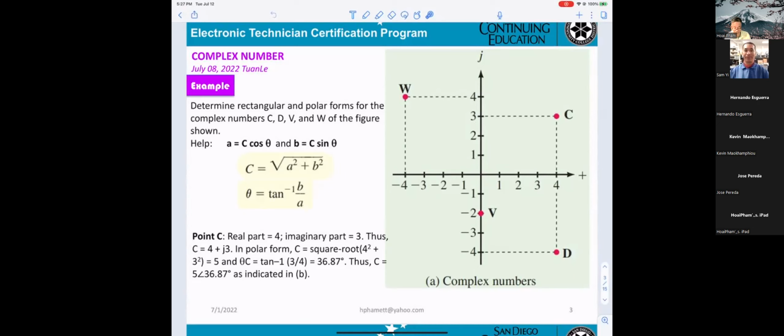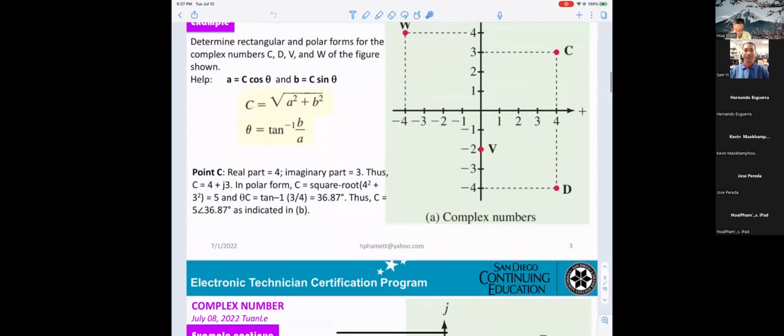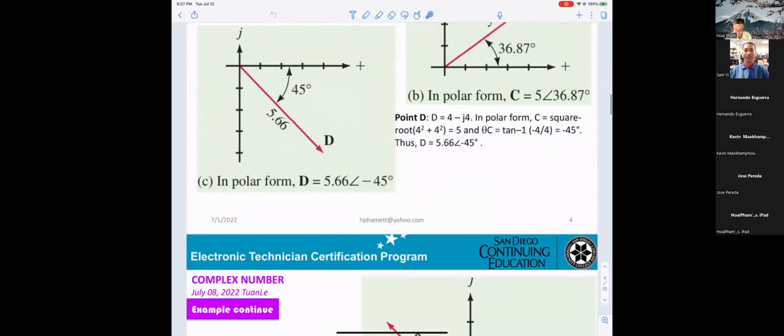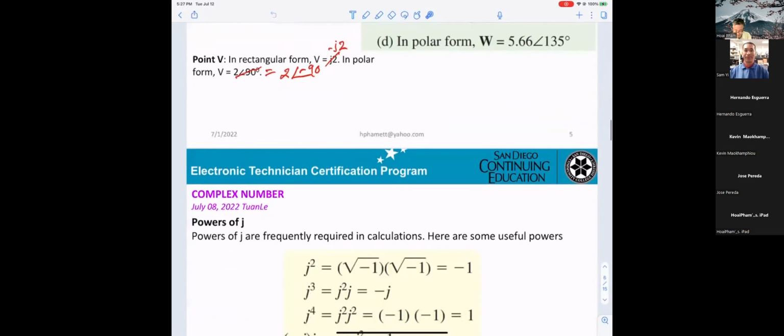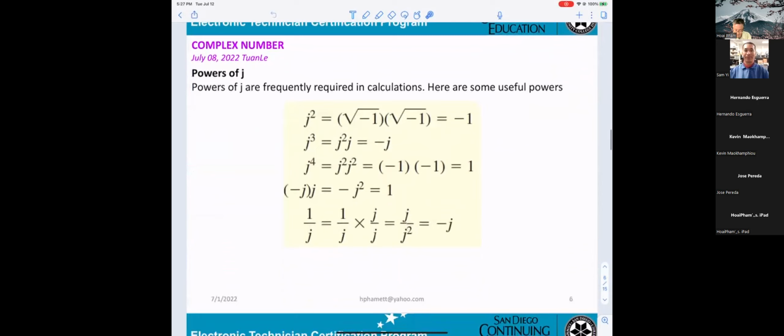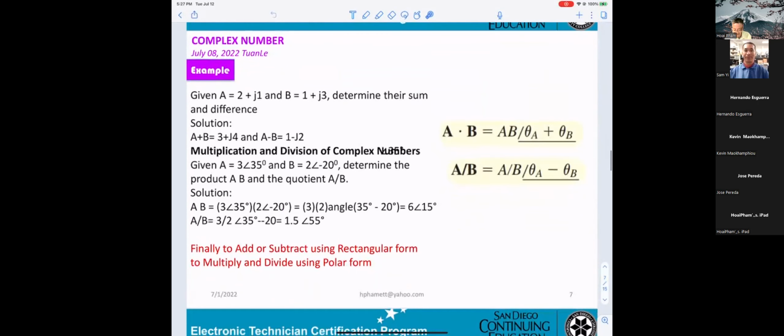So you have to understand, from one coordinate to the other, you must know how to change it, okay? That's what we already did yesterday.